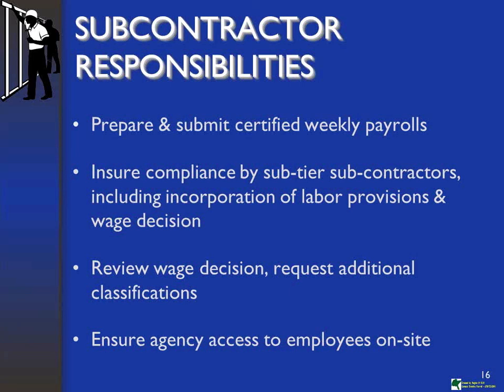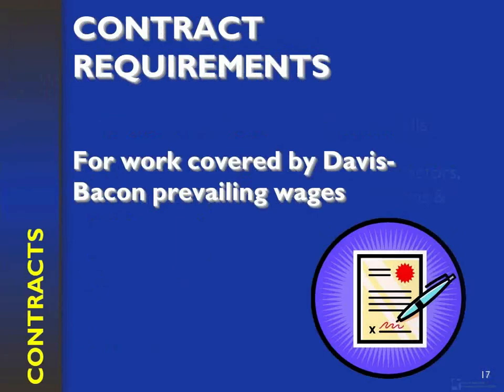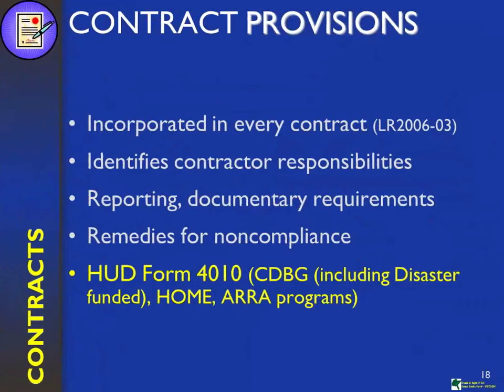One of the things I don't know if I pointed out is that at the job site, 2 items must be posted: the contract wage decision, as well as the poster.